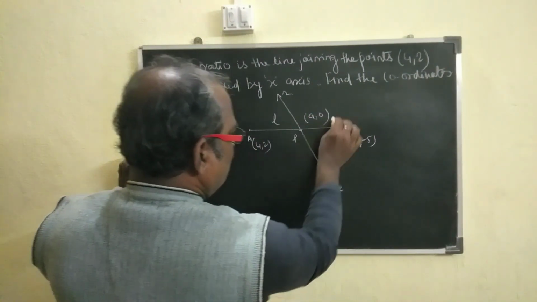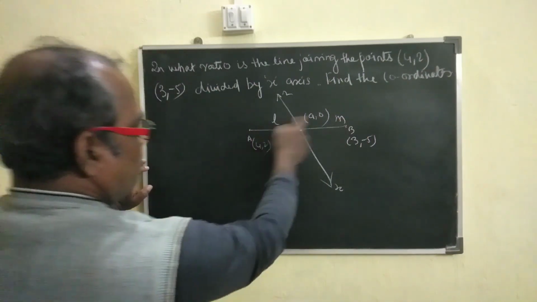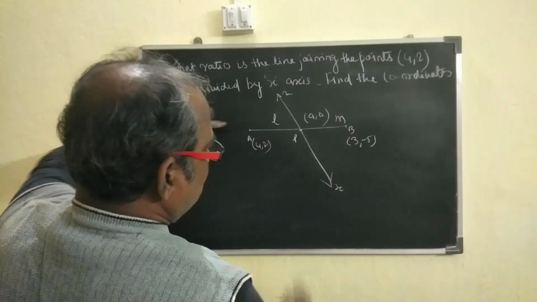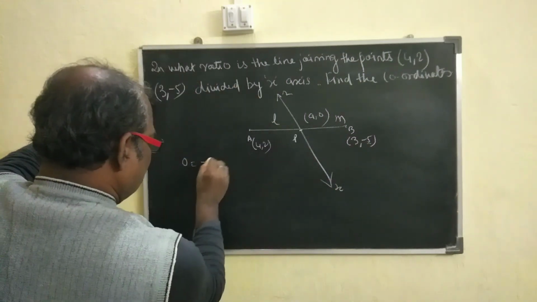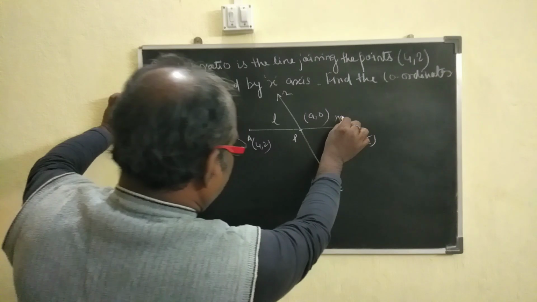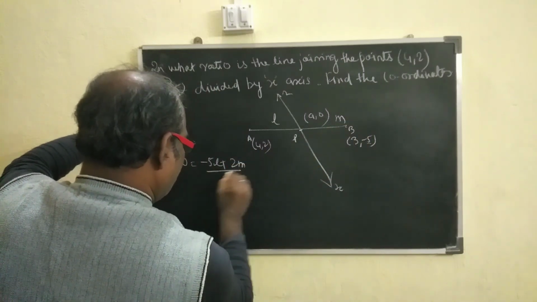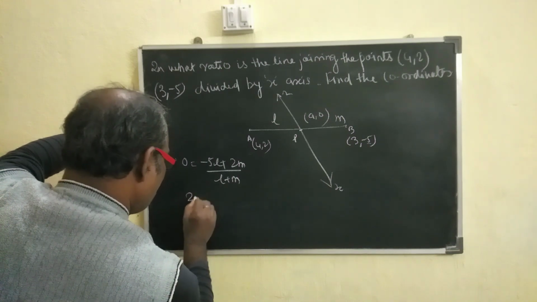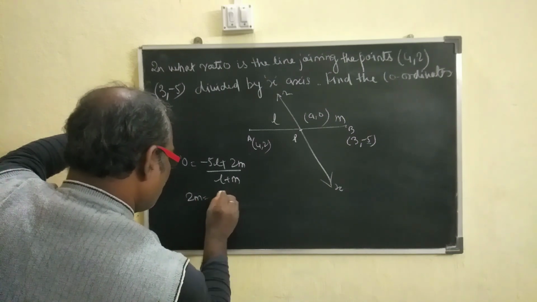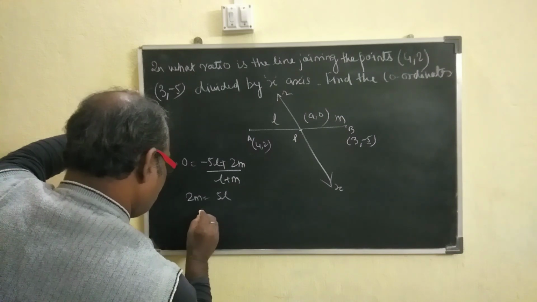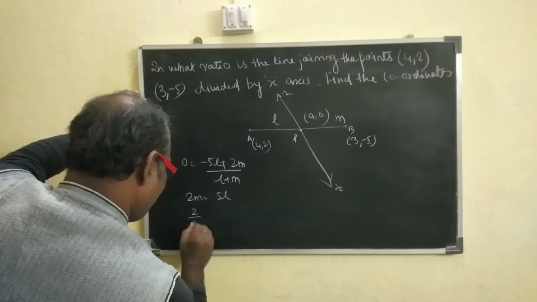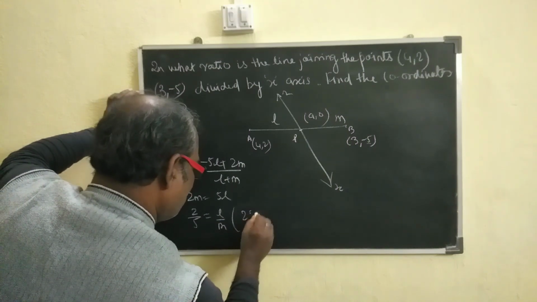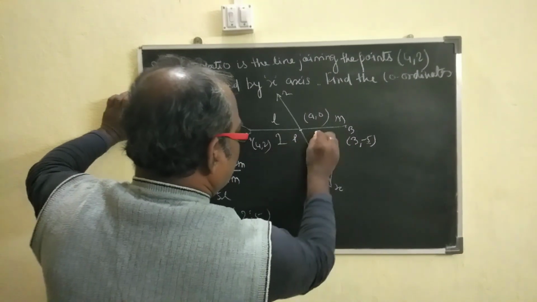And let the ratio be L is to M. Then from here, taking the y ordinate, we get 0 equals to minus 5L plus 2M by L plus M. That means from here we can get 2M equals to 5L, or 2 by 5 equals to L by M. So the ratio is 2 is to 5.